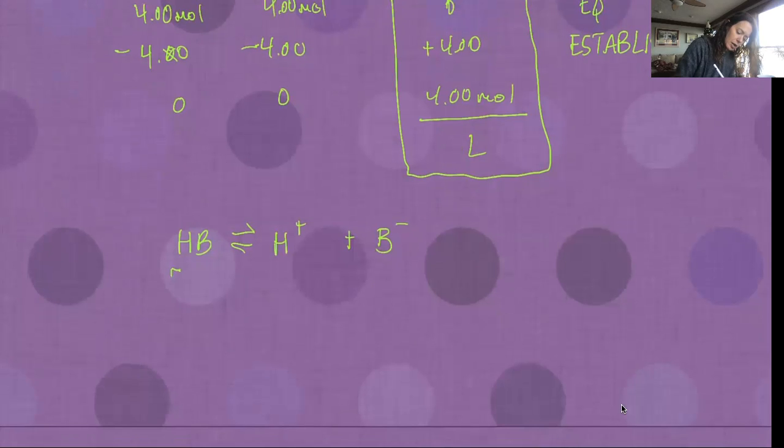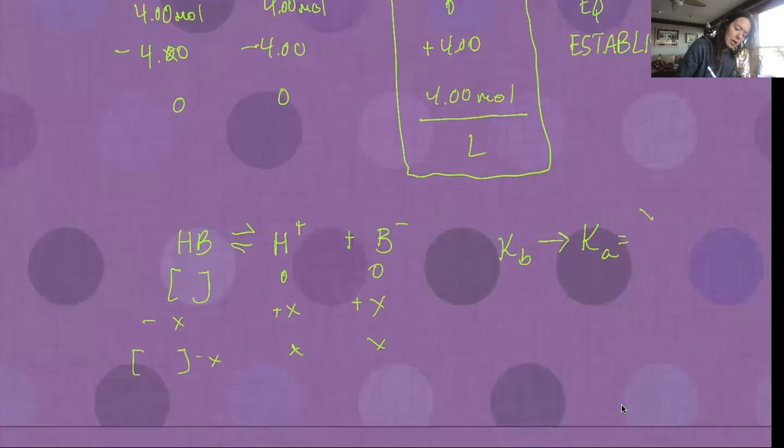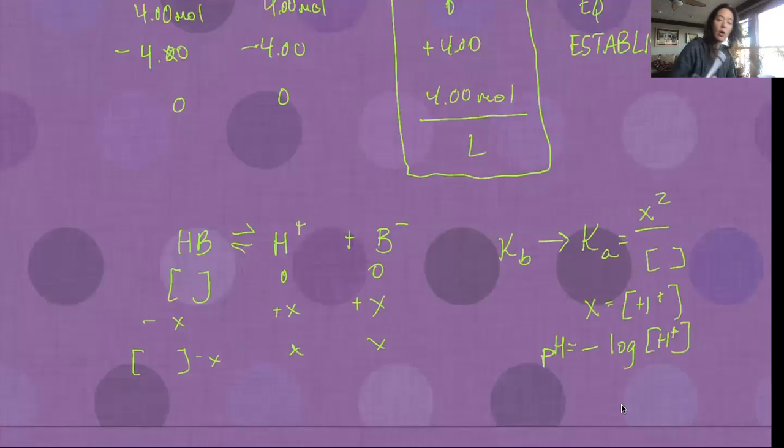We would put our concentration here, 0, 0, minus X, plus X, plus X, concentration minus X, X, X. We would need to make sure we have a Ka because this is an acidic equation, X squared over the concentration, X equals H, and then we would take the negative log of H to have our pH. I think we're going to stop there.